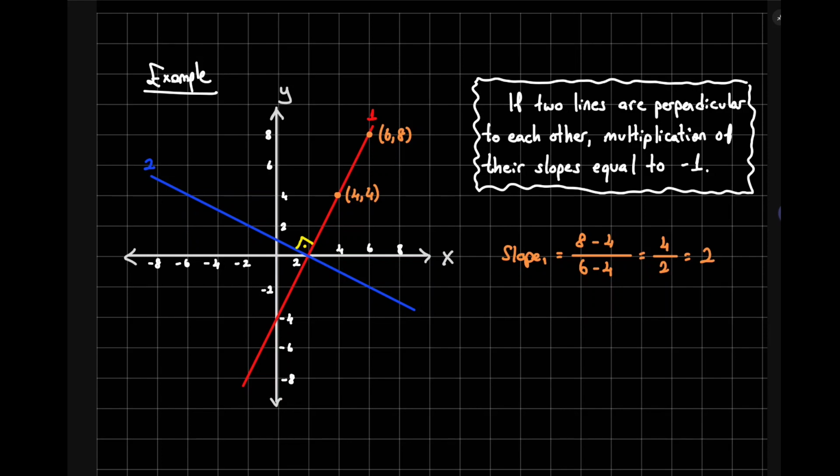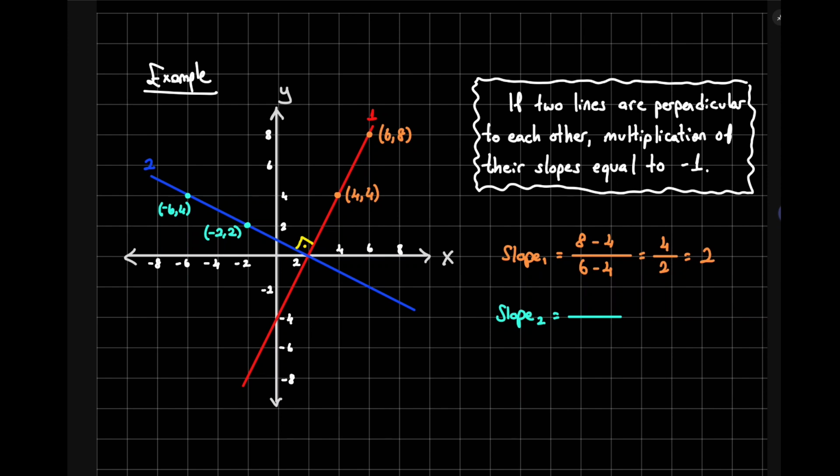For line 2, let's select this one as our first point and this one as our second point. Our first point is -6, 4, and our second point is -2, 2. Now let's calculate the slope of our second line.